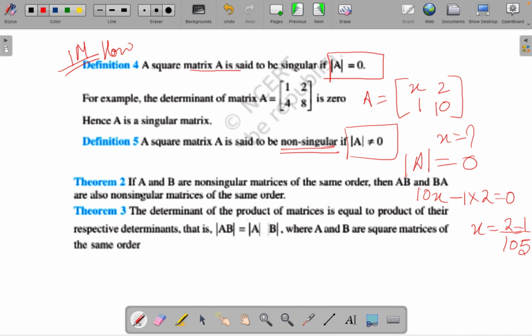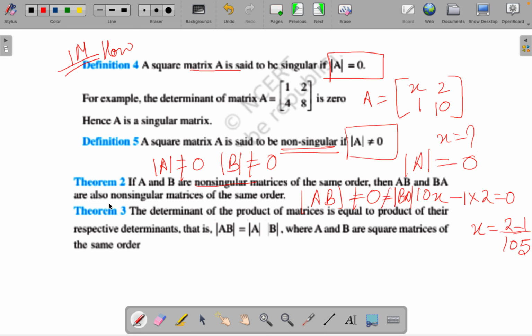determinant of A. If A and B are non-singular matrices of same order, non-singular means ये zero नहीं है, इनका determinant non-zero है, of same order, then AB and BA are also non-singular matrix of the same order. मतलब अगर A का भी determinant zero नहीं है, और B का भी determinant zero नहीं है, so AB का भी जो determinant होगा वो zero नहीं होगा, it will be non-zero, and BA भी, determinant of BA will also be non-zero, right children?